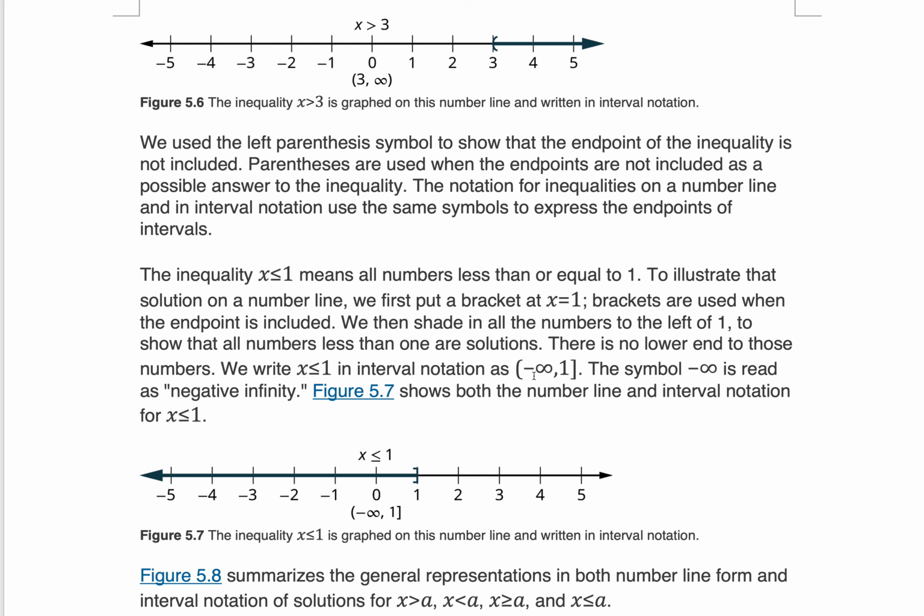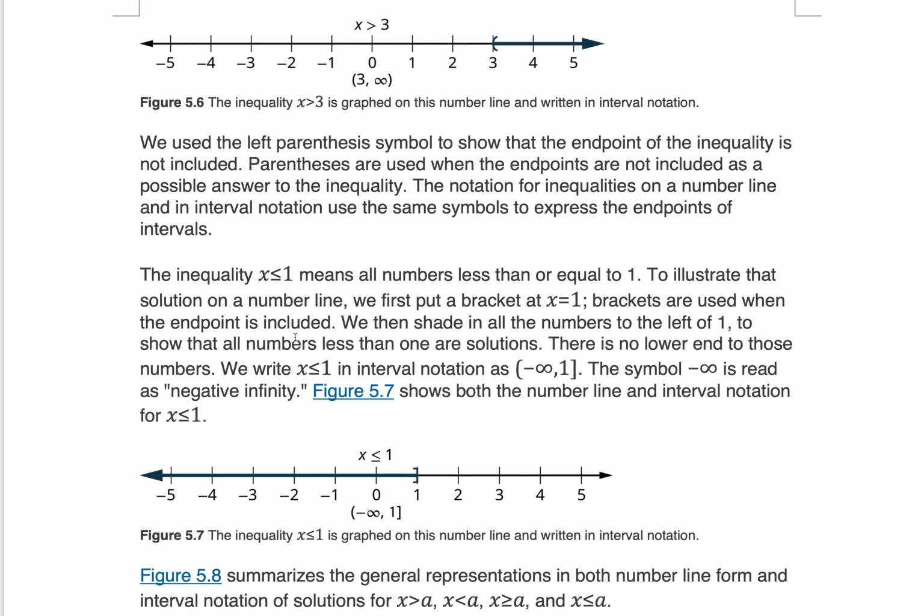By the way, I did say positive infinity, but most likely you will not see positive infinity written, because without a negative sign it is simply positive. So this is the interval notation for the inequality x less than or equal to 1.